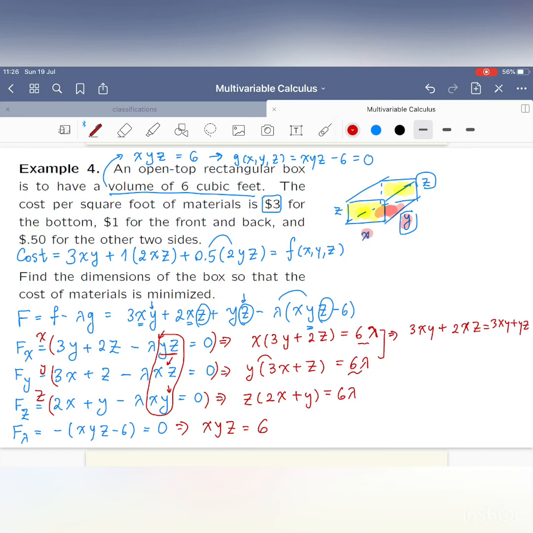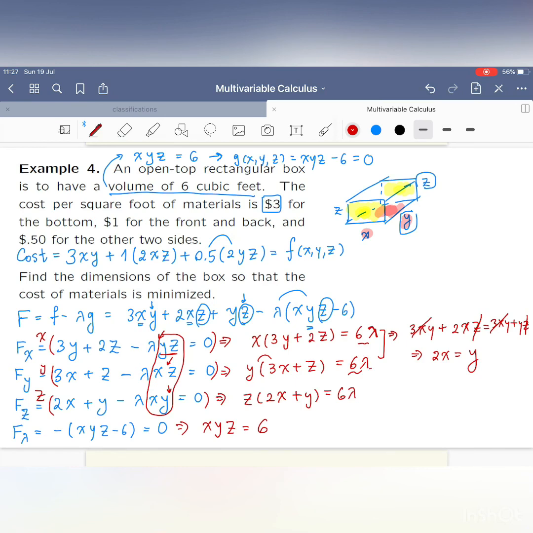So the 3xy cancelled, the z cancelled, so it means that your 2x must be y, right? Your 2x must be y.